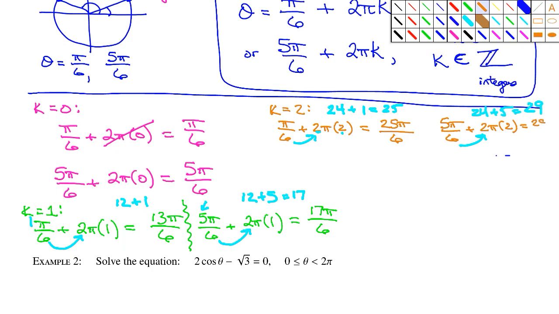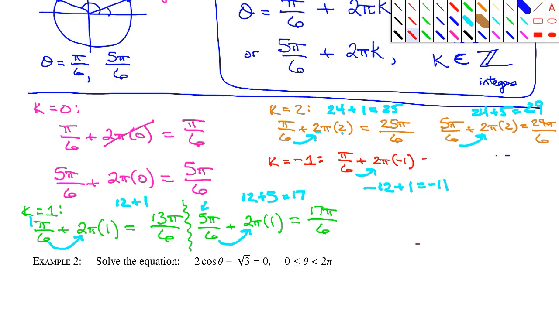And then the last one, you can actually let k equal -1, because it could be any integer. So we'll just go back a rotation. That would be pi over 6 plus 2 pi times -1. That would be 6 times -2 is -12, plus 1 is -11.